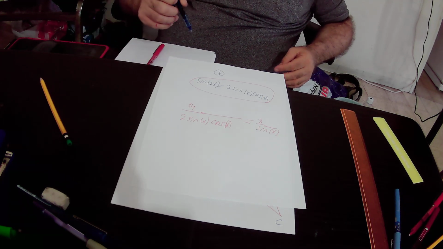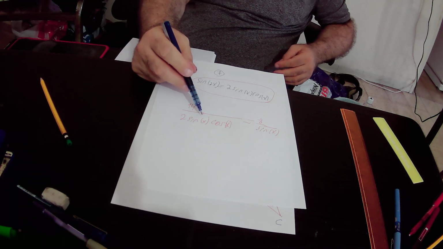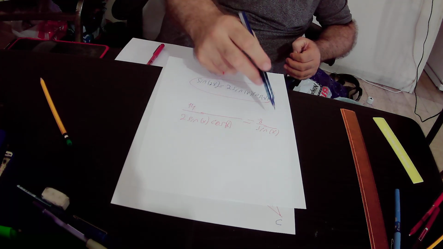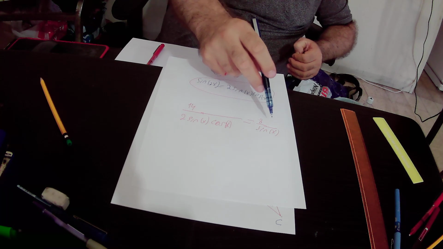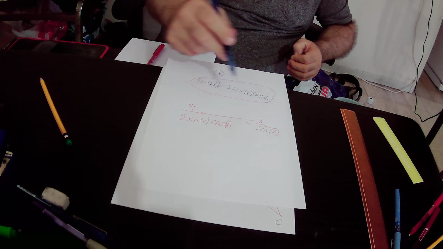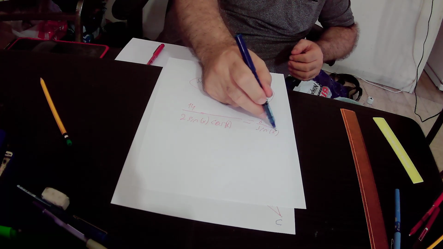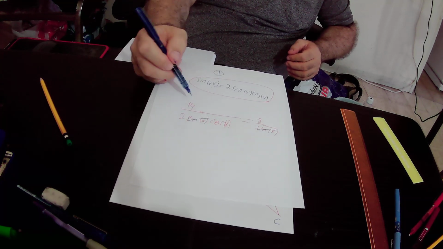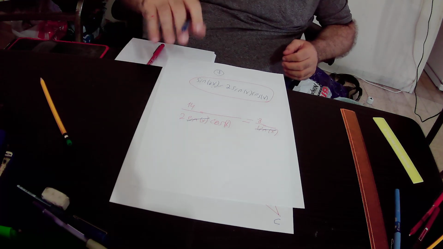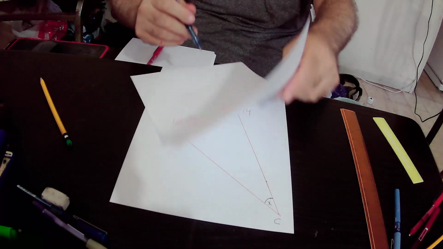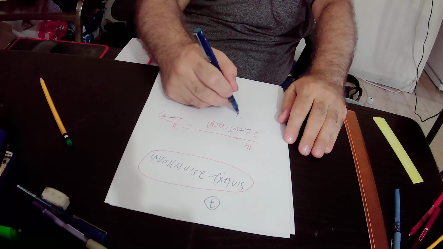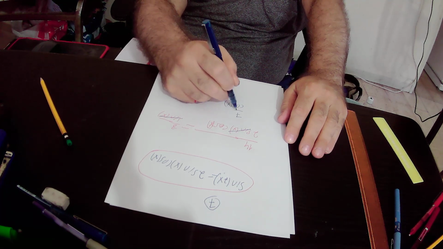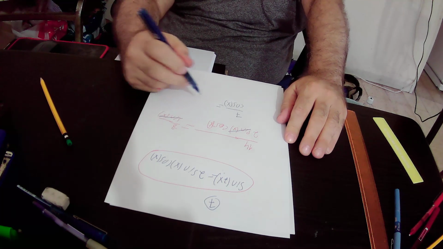Here we have sine x in the denominator on this side of the equation, and sine x in the denominator on this side of the equation, so we can cancel sine x. And 14 over 2 is 7. So in total we will get that 7 over cosine x equals 8.